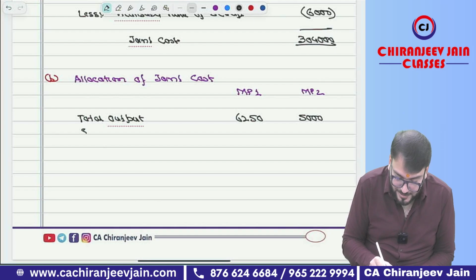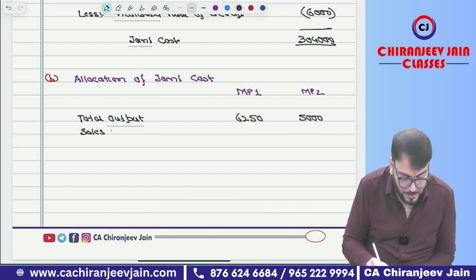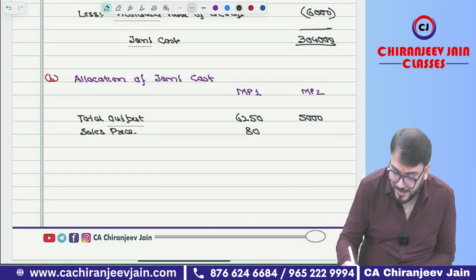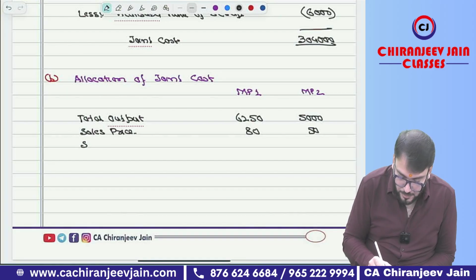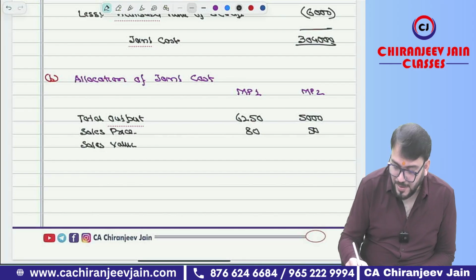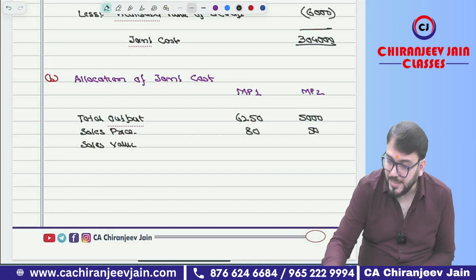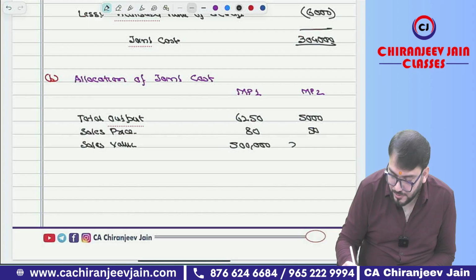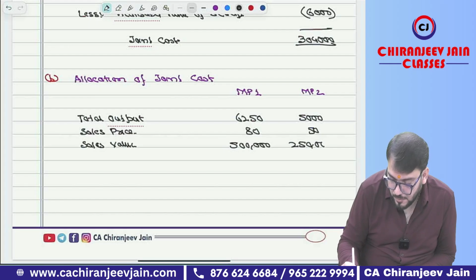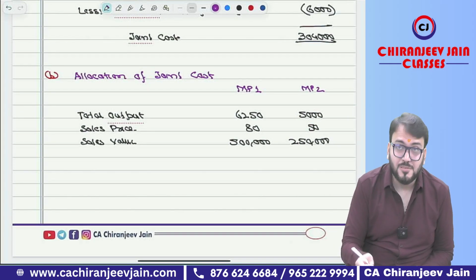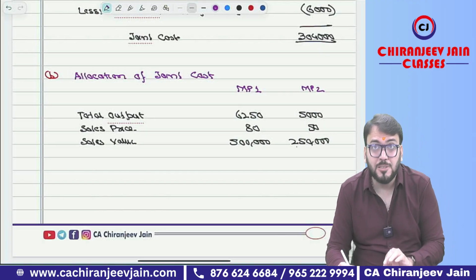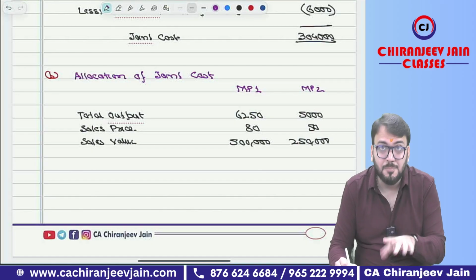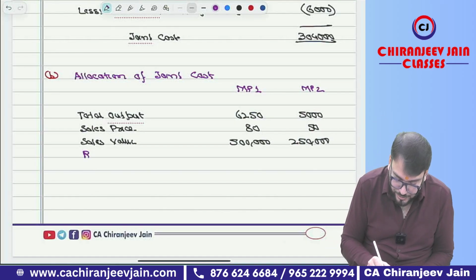Then they have given sales price per unit: 80 and 50. So what is the sales value? That is 6250 into 80, which is 5 lakh, and this is 2,50,000. What is the ratio of allocation? That is 5 lakh is to 2,50,000, that is 2 is to 1. We can simplify it now. Ratio of allocation.